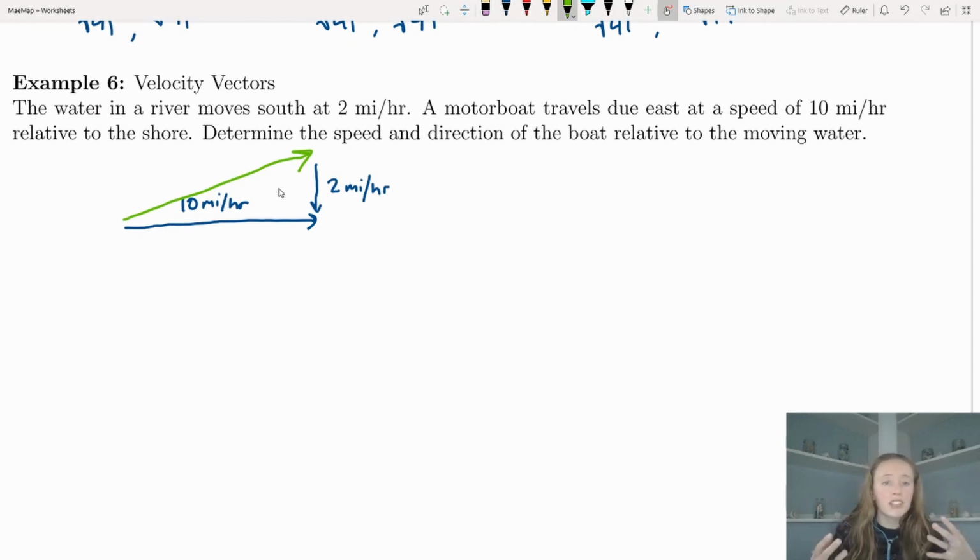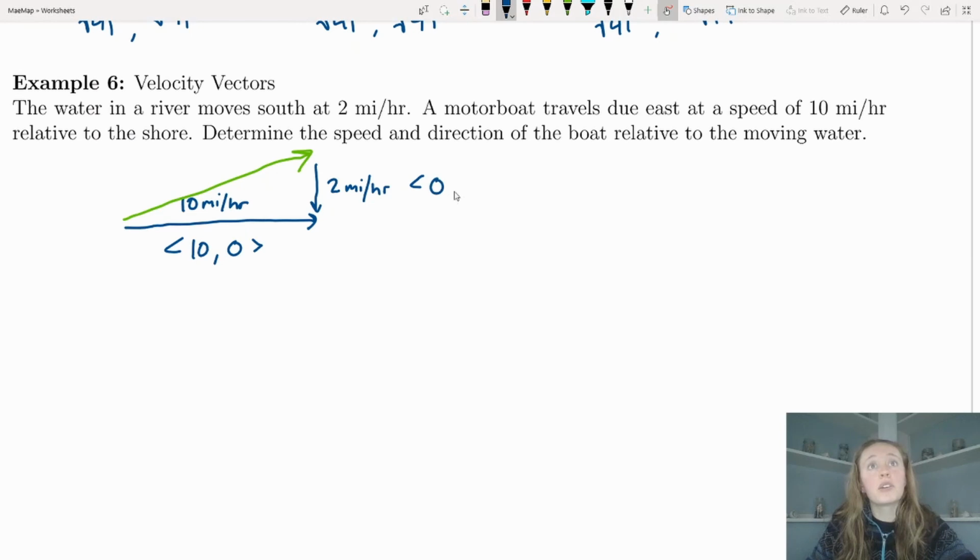Let's start with the speed, because the speed is essentially the magnitude of our vector. We can think of this 10 mile per hour vector as 10 in the x and 0 in the y, and this 2 mile per hour vector as 0 in the x and negative 2 in the y. How would we create that green vector, the way the boat had to move relative to the water? Well, that's our vector 10, 0 minus our vector 0, negative 2.